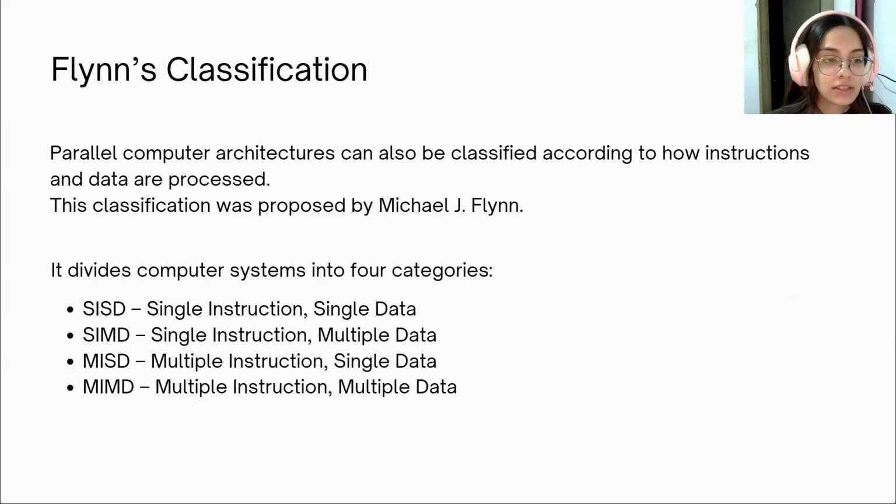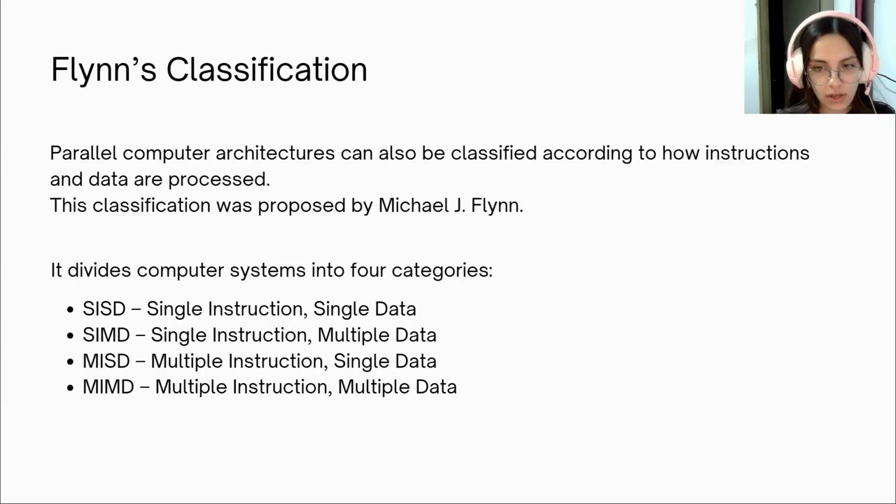Now, let's see another important way to classify computer architectures, that is the Flynn classification. This way to classify computer architectures was proposed by Michael J. Flynn. So this classification is based on the number of instruction streams and data streams that a computer can process at the same time.